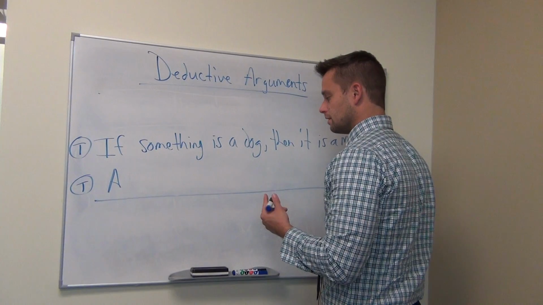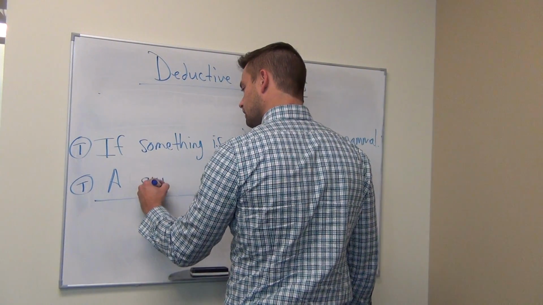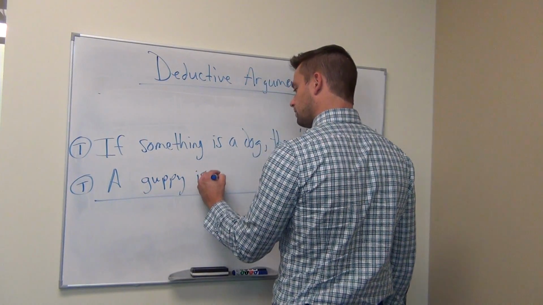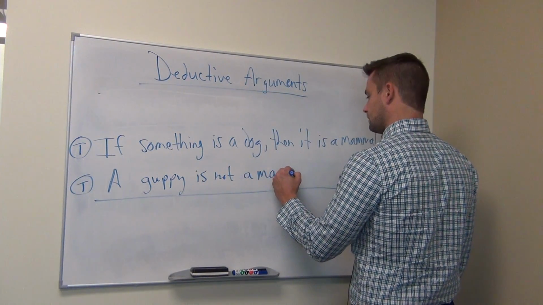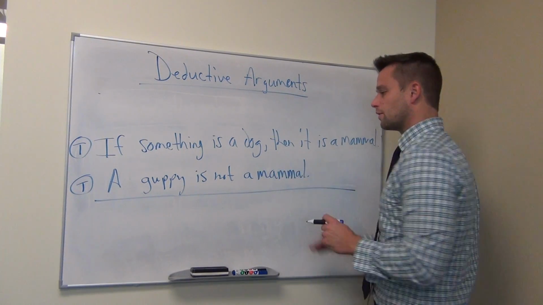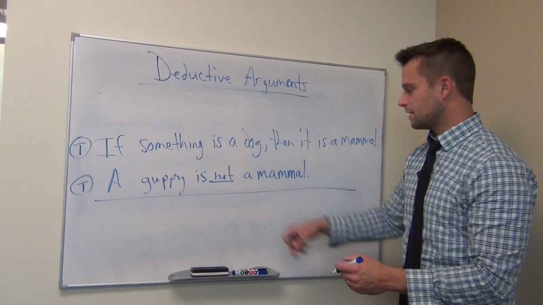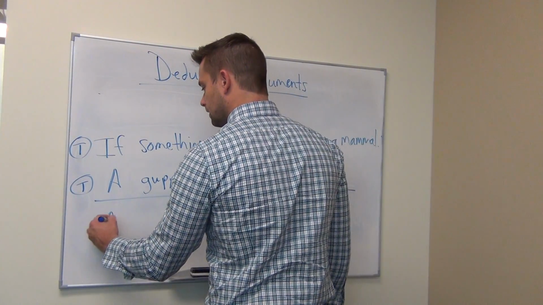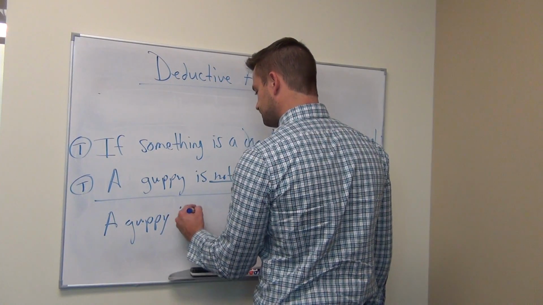Like a guppy is not a mammal. Notice here we're negating the consequent. A guppy is not a mammal. Therefore, a guppy is not a dog.